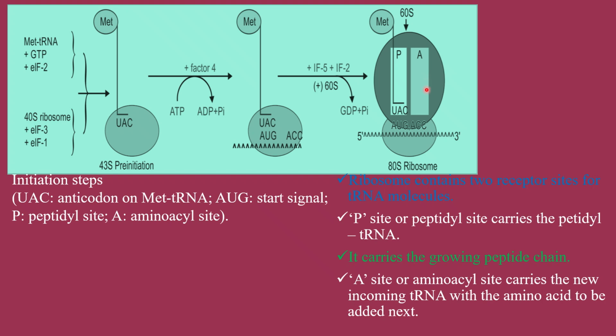So it carries the new incoming transfer RNA with the amino acid to be added next. And there is another site which lies on the back side, not visible, and that site is known as the E site. After the attachment of amino acid through the peptide bond, the empty tRNAs are knocked out by the exit site.